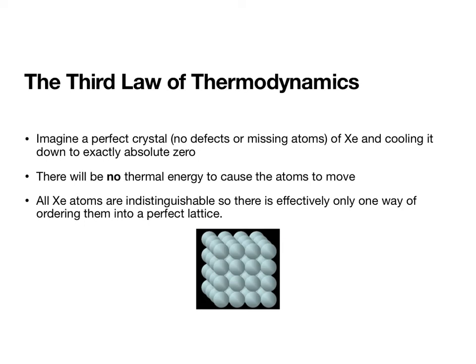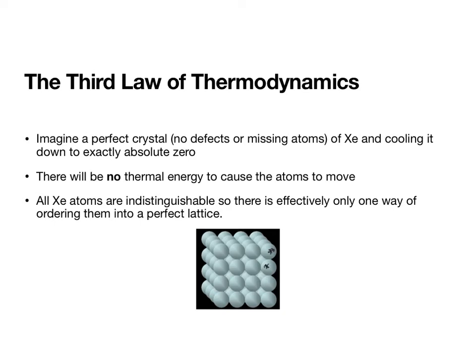What does this mean? This means that we need to imagine a perfect crystal. No defects, no missing atoms, and let's pick xenon, a nice ideal gas, and we're going to cool this crystal to absolute zero. This means that there's going to be no thermal energy, so these atoms in the crystal cannot move.